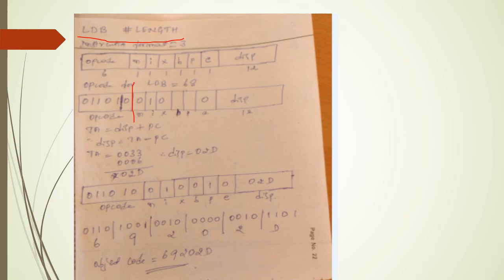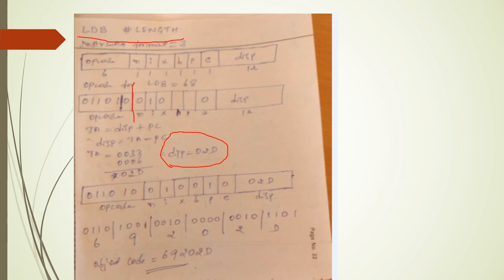The program counter is 0006. 3 minus 6 is not possible, so we borrow 1, which is 16 because it is hexadecimal, whereas in decimal it is 10. 16 plus 3 is 19. 19 minus 6 is 13, and 13 means D. Then 2, 0, so the displacement is 02D.